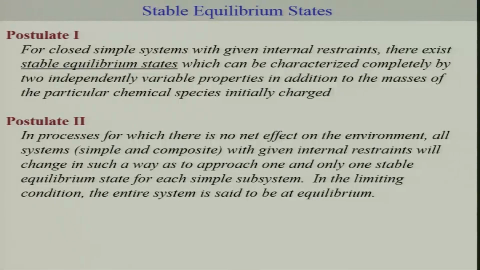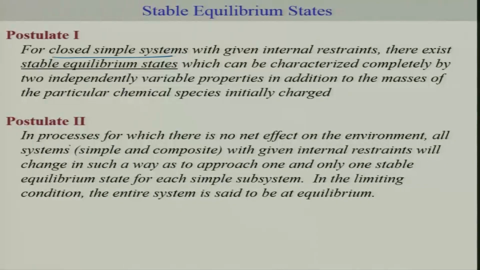So, for the case of, let us say, a closed system with given internal restraints, there exists a stable equilibrium state which can be characterized completely by two independent variable properties in addition to the masses of the chemical species initially charged. So, this is something which we already talked about in an earlier class.